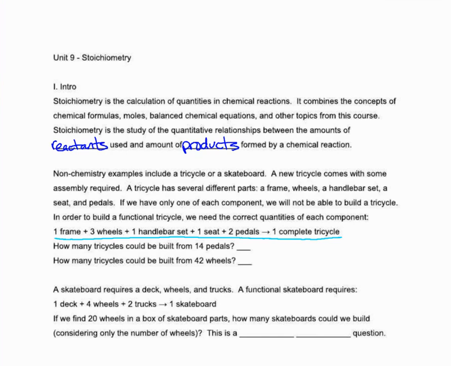So a couple of questions. How many tricycles could be built from 14 pedals? Now we're only considering the number of pedals here. And this is how we would set it up. 14 pedals. And if you look up here, we need 2 pedals for every 1 tricycle.